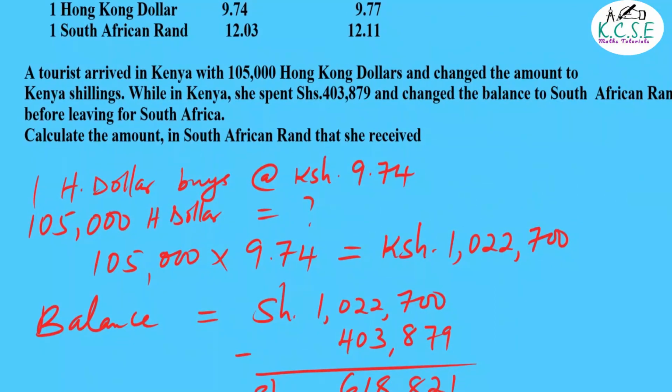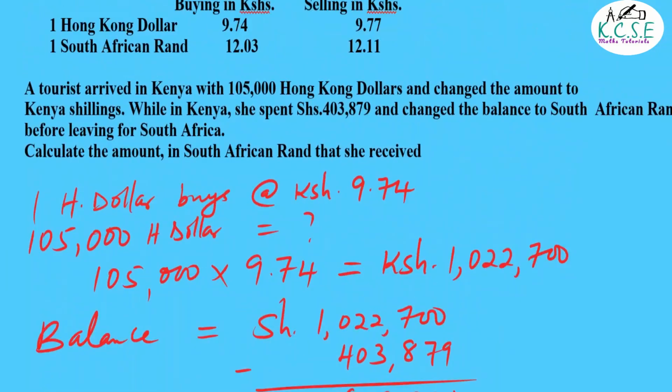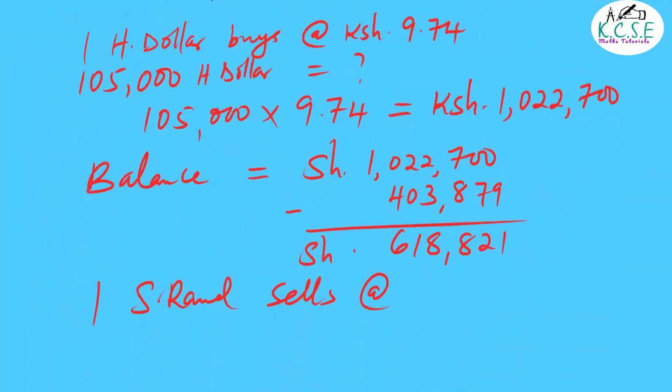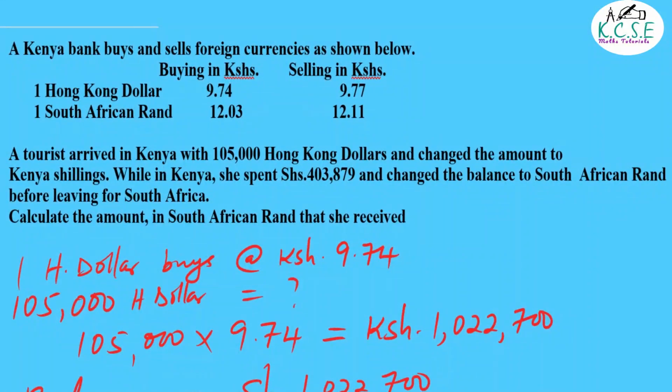Now this balance, she later converted back to South African rand before leaving for South Africa. Now from this table, one South African rand sells at 12.11. So in this case, we're not going to use the column for buying.